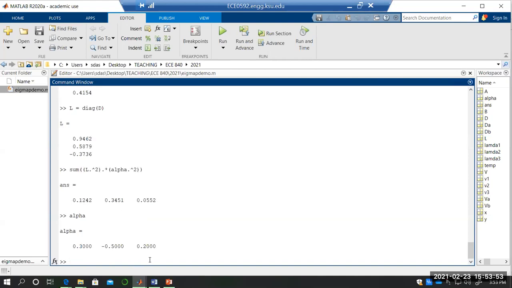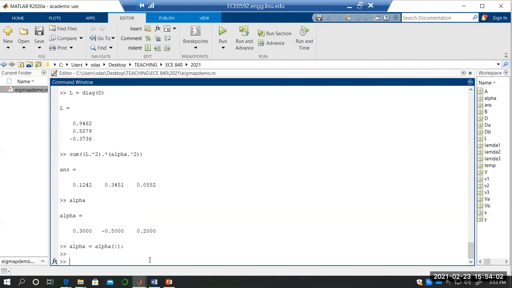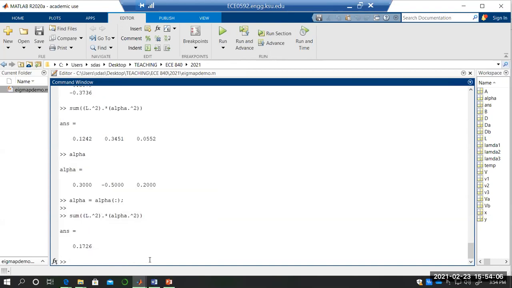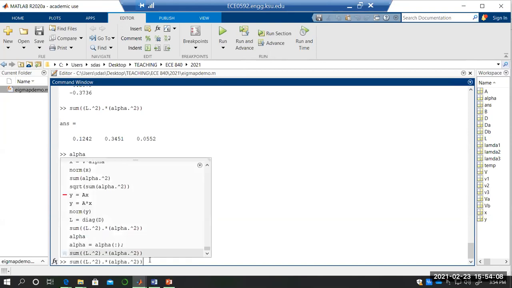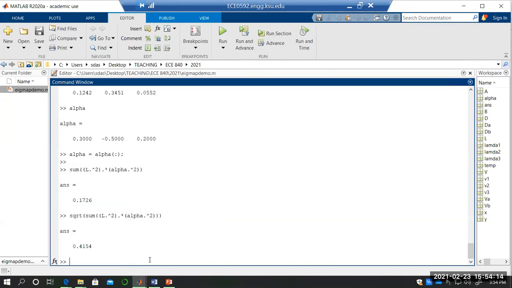Oh, I see. Both should have been column vectors, so that's why. Now let's take the square root of this. 0.4154. And that's also the norm of y.